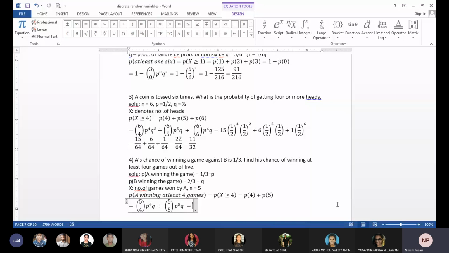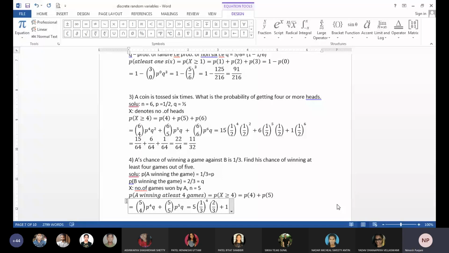So now how much is 5C4? 5C4 is 5. P is 1/3 raised to 4 and q is 2/3. 5C5 is 1.